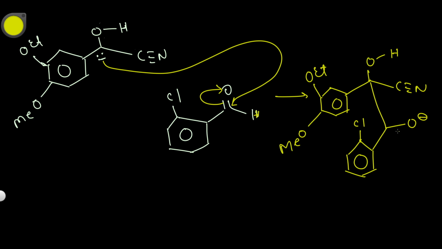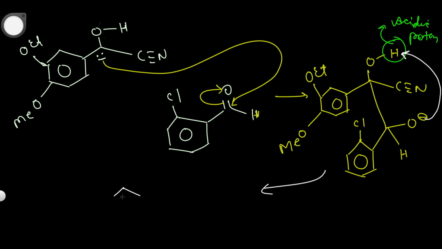Okay, fine, and here is the H. Because in this molecule this hydrogen is also a more acidic proton, right, because it is attached to the more electronegative atom oxygen, so that's why this is an acidic proton. And in this molecule here is an O minus, and this O minus is acting as a base, so it will take the proton of this hydrogen, and you will get something like this.